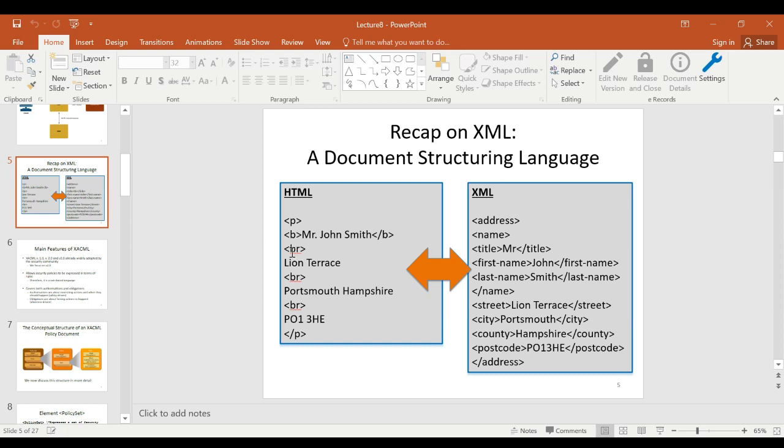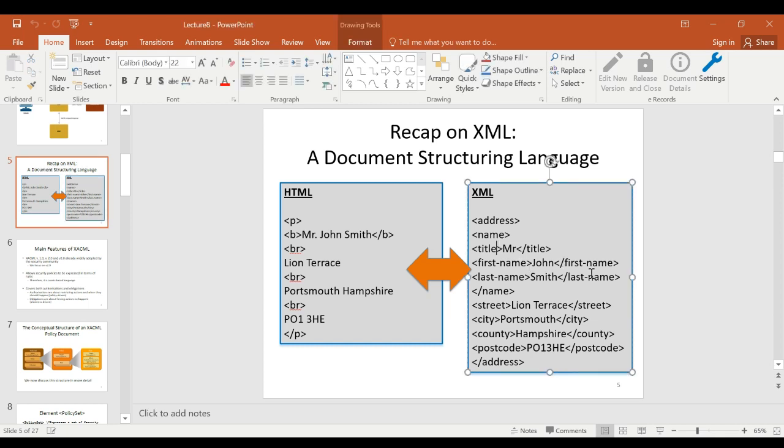So if you think of an HTML document as a language that allows the styling of your information, how the information should look, XML is essentially an attribute-based language. It gives, for each piece of information, the relevant attributes, or you can mark that particular piece of information with the relevant attributes.